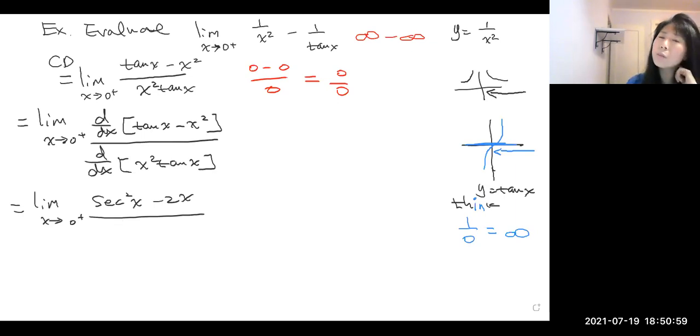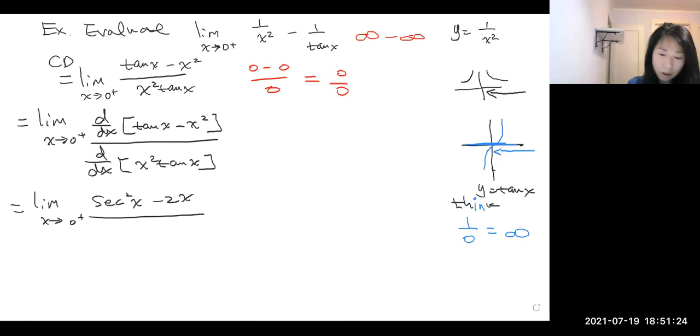Denominator, we can use the product rule in this case because it is two functions multiplied, right? Inside the numerator and inside the denominator, we can do that. We can use the quotient rule or the chain rule, but not on the fraction as a whole.